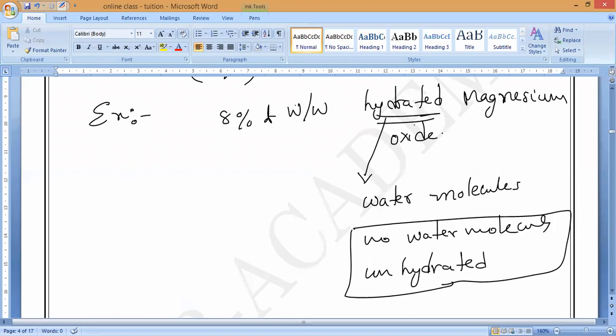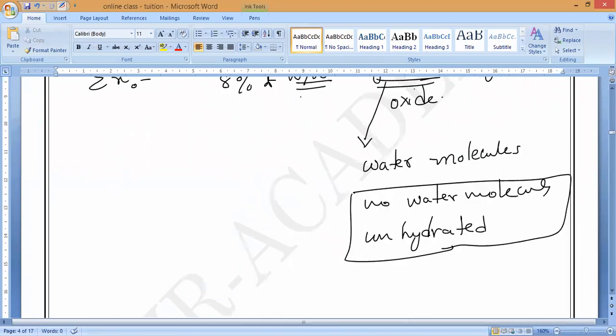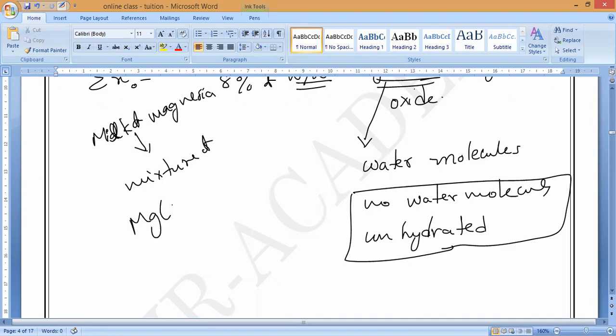Right. So 8% of W by W. Next time if you purchase any kind of acidity drinks, majorly they contain milk of magnesia. This milk of magnesia is a mixture of magnesium hydroxide and water.